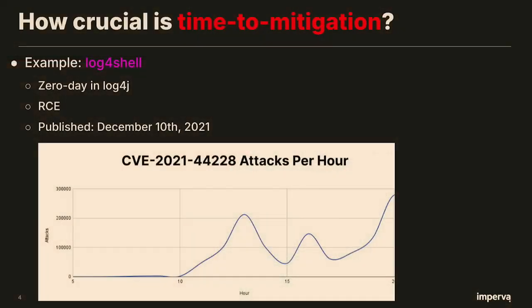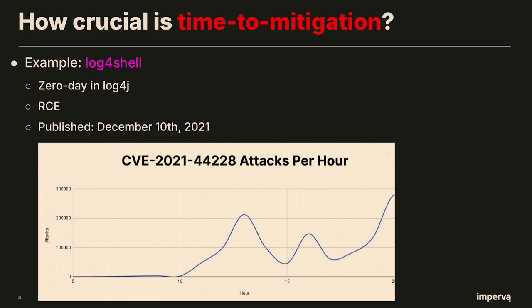So this answers the question that people sometimes ask: is it really important to patch our systems? Maybe some vulnerabilities are just staying there in the wild and nobody cares about them. Maybe it's something like life insurance. We buy it, but we never plan to really use it. So I think this graph answers this question.